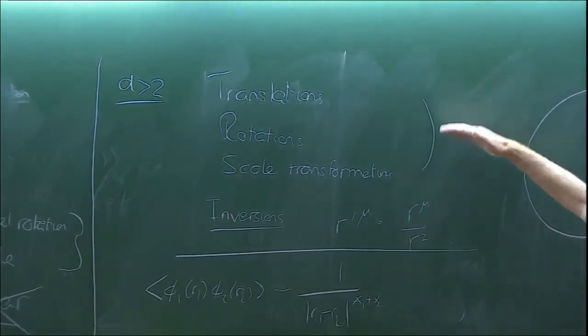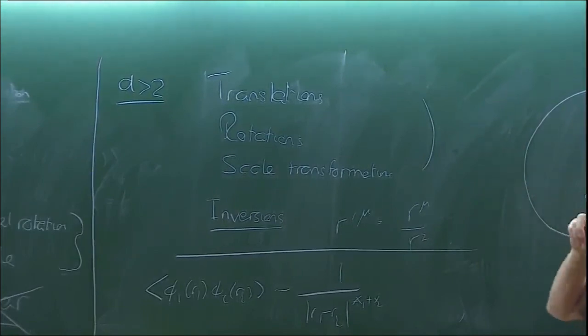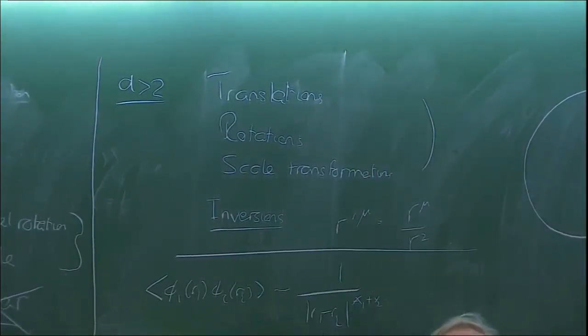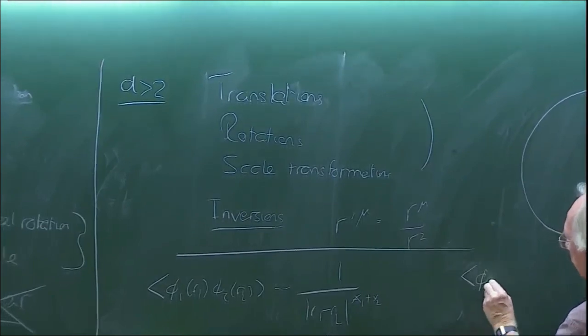Okay. These three things told us this. Now we have one extra element, and it tells us more things, right? Once you have more symmetry, you know more things. And in fact, this extra thing tells us the form of the three-point function.